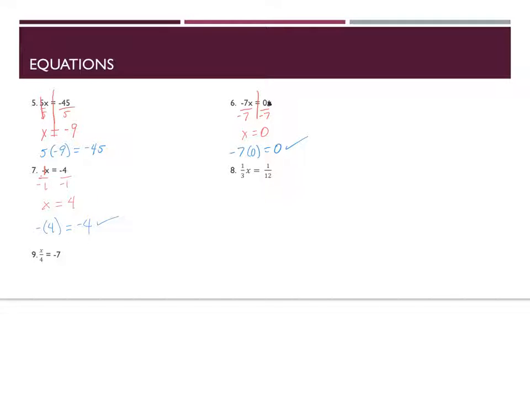What if I'm multiplying by a fraction? Well, there's a couple of ways of doing this. It depends on whether you want to pick up your calculator or not. If I have 1/3 times x, there's nothing in the world wrong with dividing by 1/3 on both sides. I just need to make sure that if I'm going to do it that way, that I type it in that way.